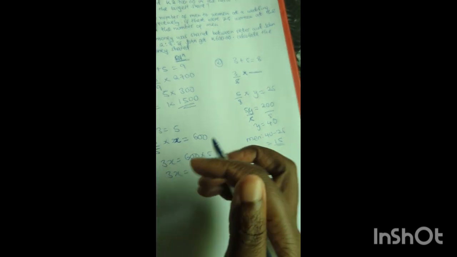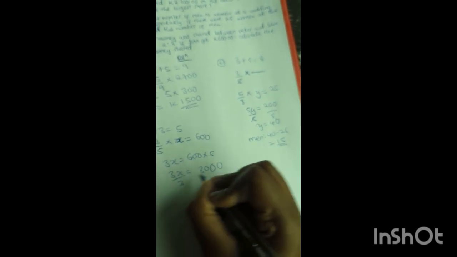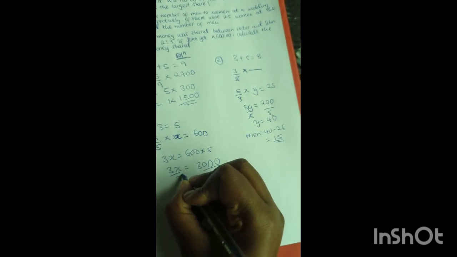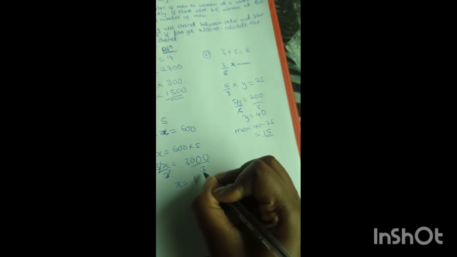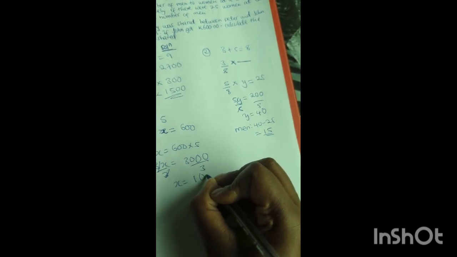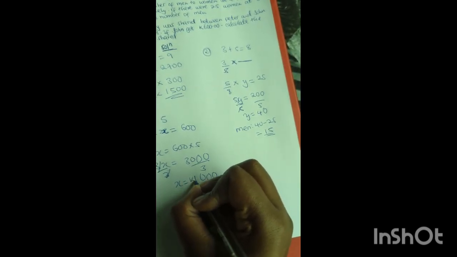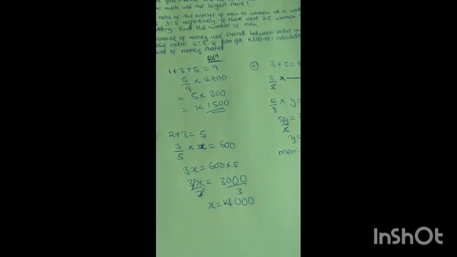Yeah, I was correct, it's 3,000. We divide by 3 on both sides. x will give us 3 into 3, 1. 3 into the zeros, 0, 0, 0. So the total amount of money that was shared was 1,000 and John got 600.